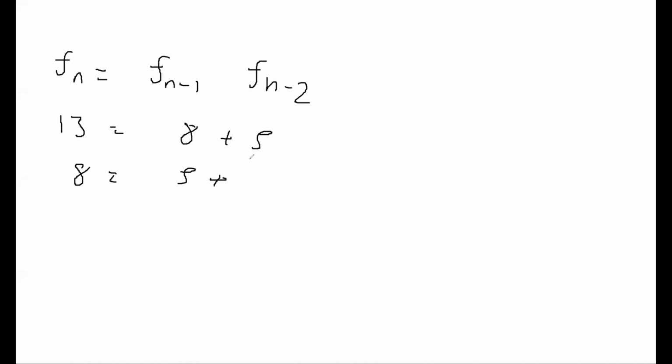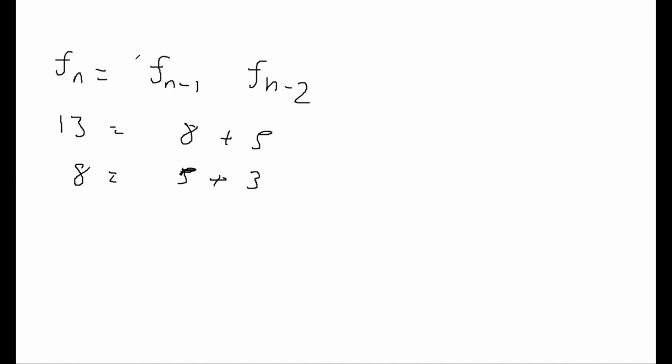Here's the basic Fibonacci sequence. Fn equals Fn minus 1 plus Fn minus 2. 13 equals 8 plus 5, or 8 equals 5 plus 3.